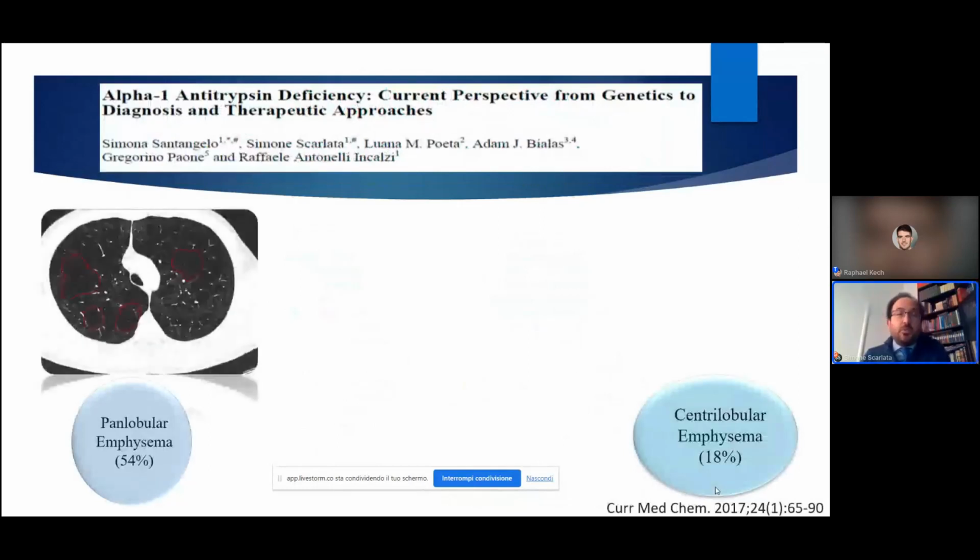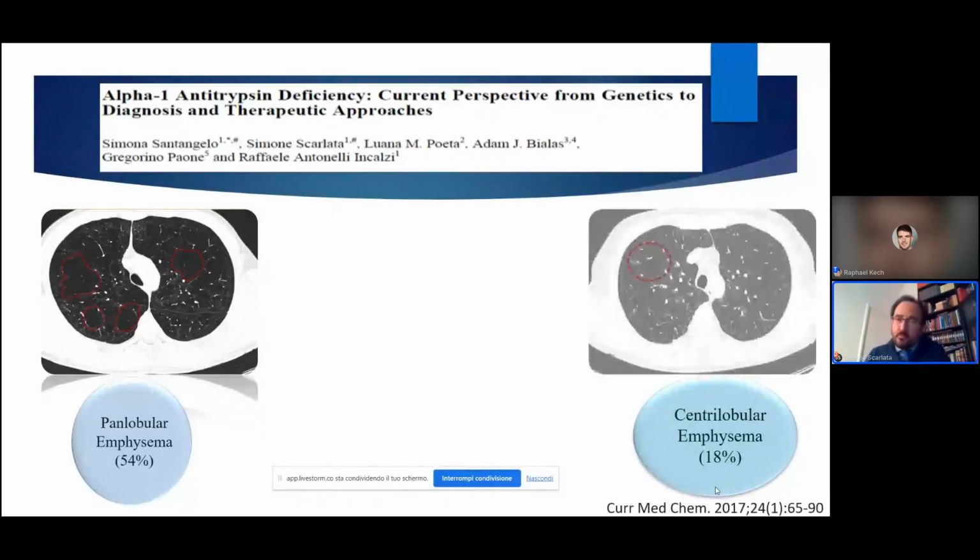Just to give you an idea of how the clinical presentation of lung emphysema occurs, the vast majority of patients present with a panlobular emphysema, a bullous expression of emphysema occurring mainly in the lower lung lobes, and interestingly, in more than half of the alpha-1 antitrypsin deficiency population.